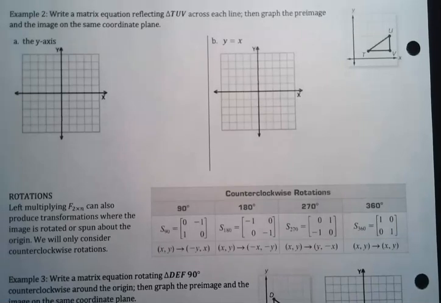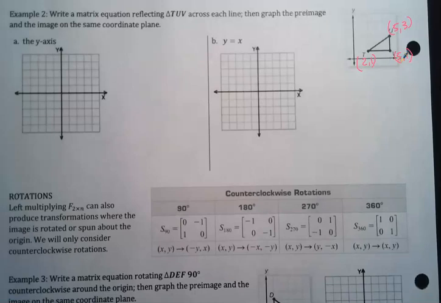Let's get these points here first. T is 2, 1. U is 5, 3. And V is 5, 1. Okay, so we have those.